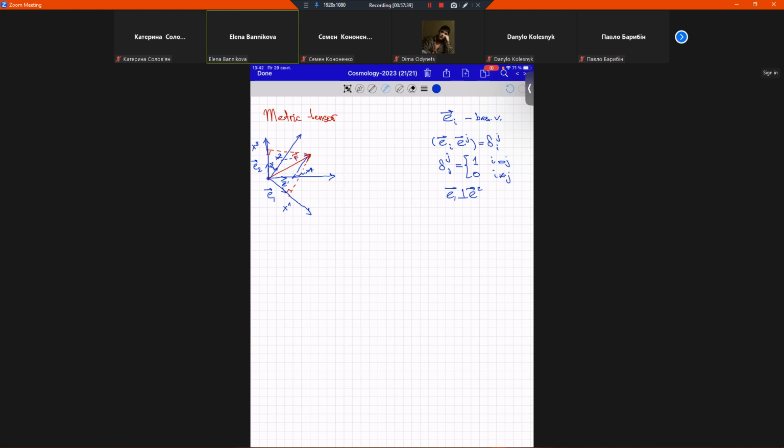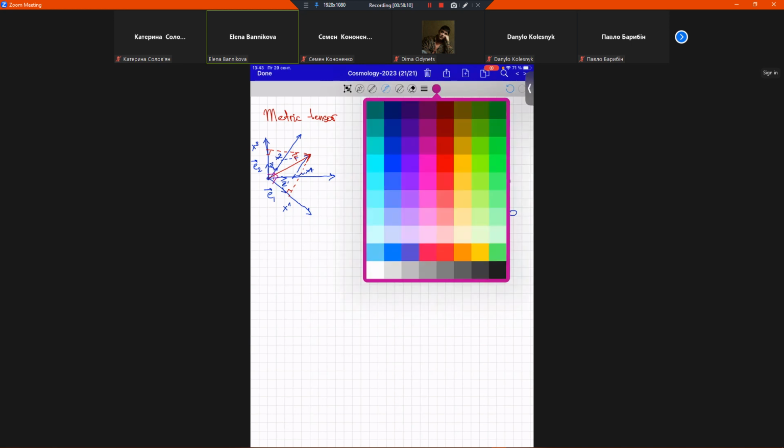So, for example, the scalar multiplication of E1 and E2 will be 0. I just try to draw this like this, so you can see a perpendicular here. I try to represent this geometrically.